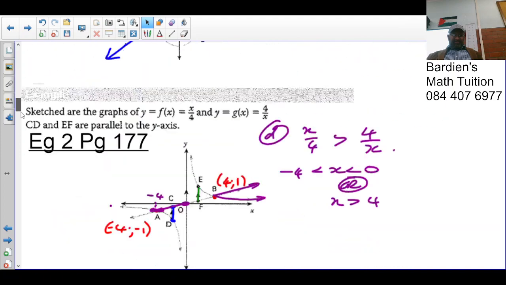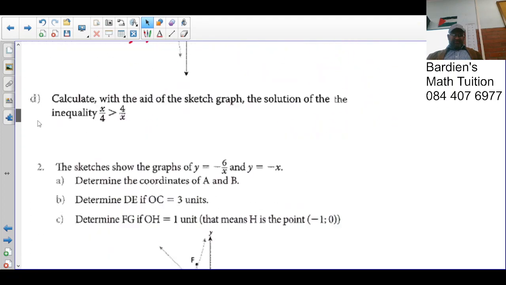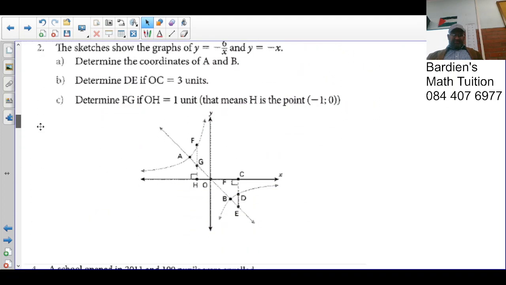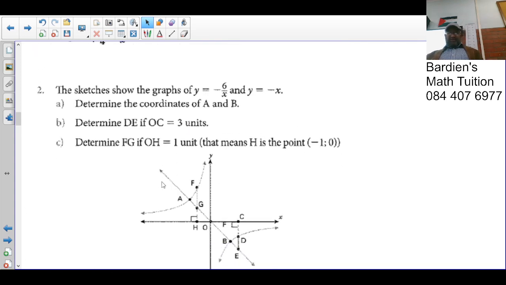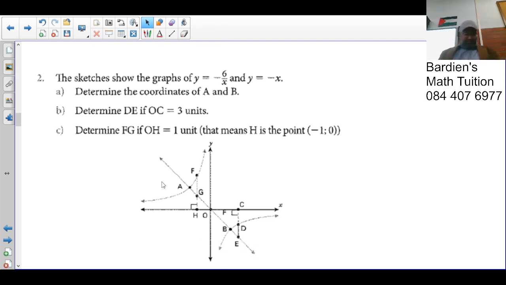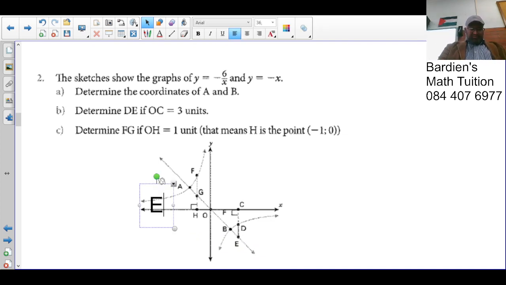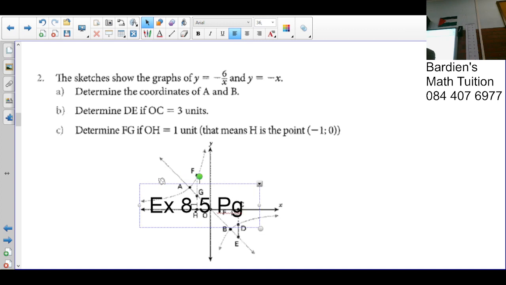Did I cut it already? So since it's cut, I'm going to do it. So this is exercise 8.5, page 172.